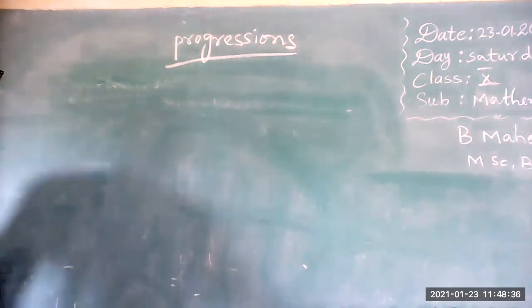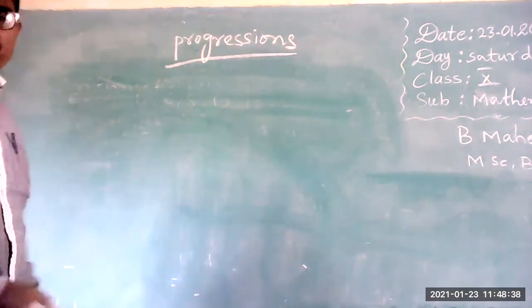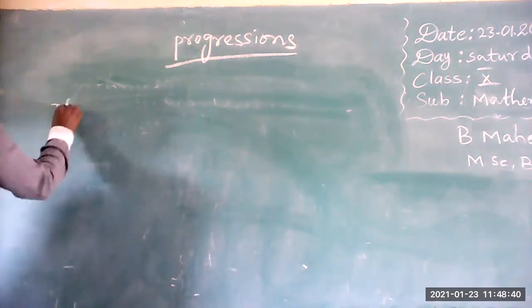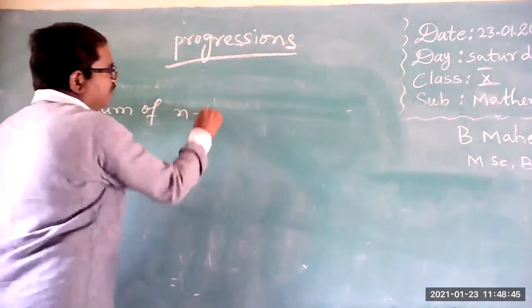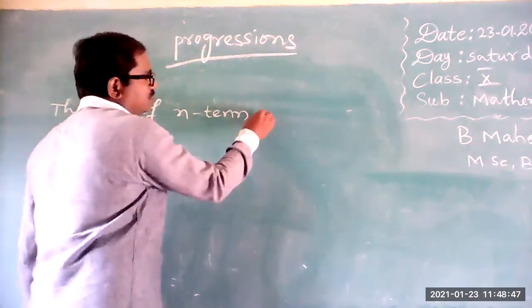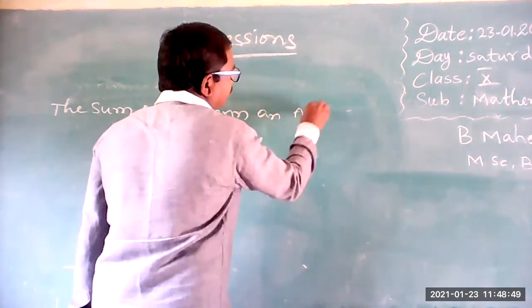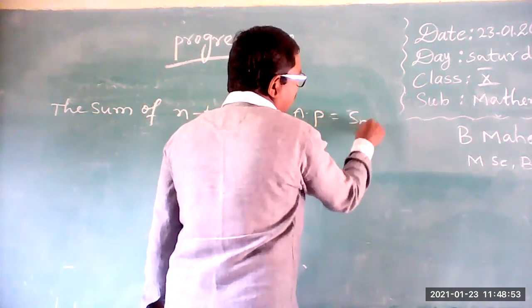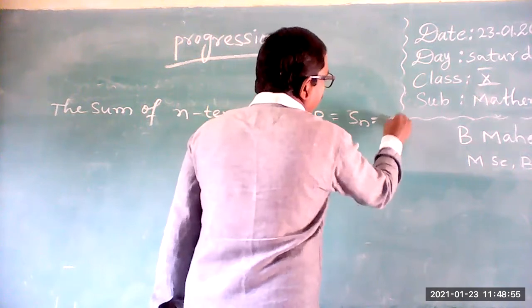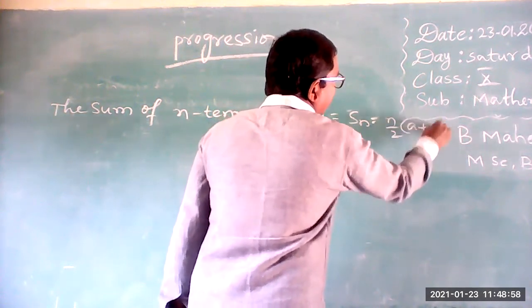The sum of n terms in an AP is Sn is equal to n by 2 (a plus l).